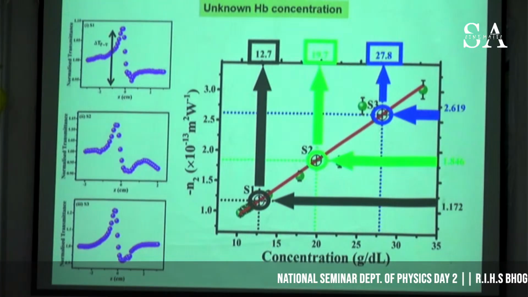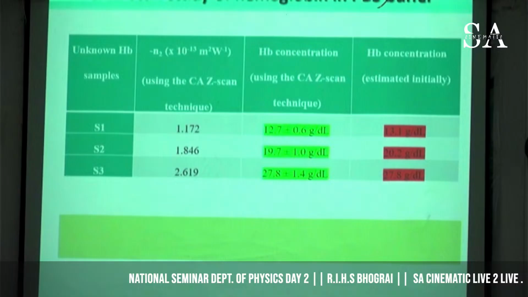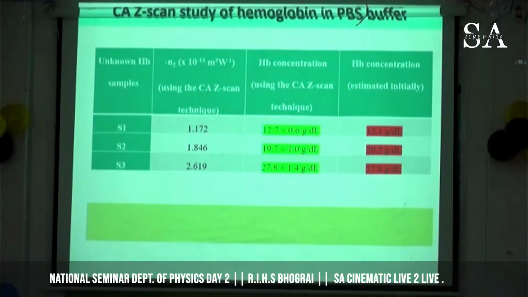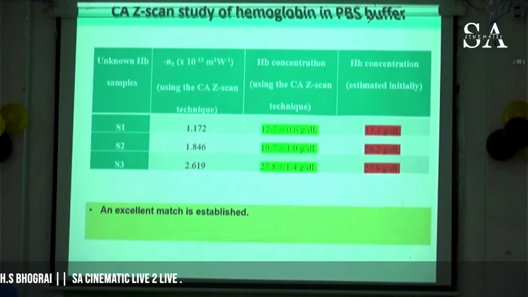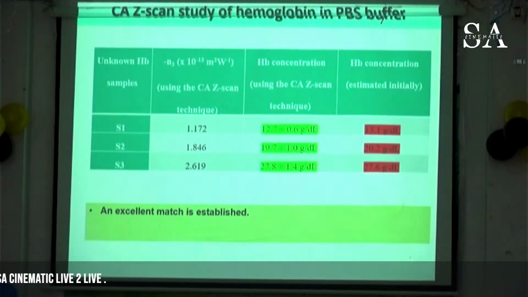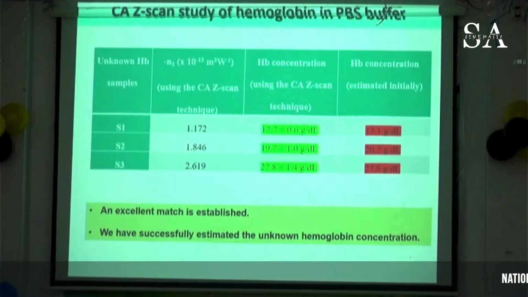Now we compare this with the value we had hidden before. This is the value measured by our technique, and this is the actual concentration previously prepared. We can say that there is an excellent match between these numbers, and hence we can conclude that we have successfully estimated the unknown hemoglobin concentration by using this clean optical technology.